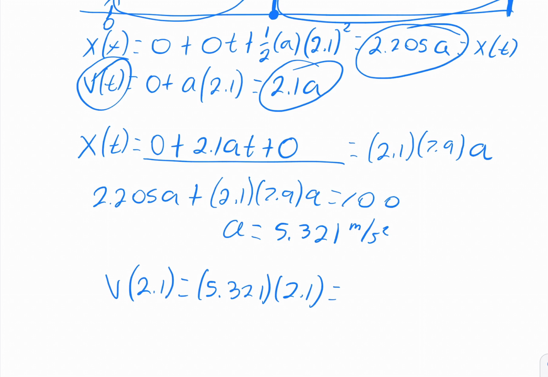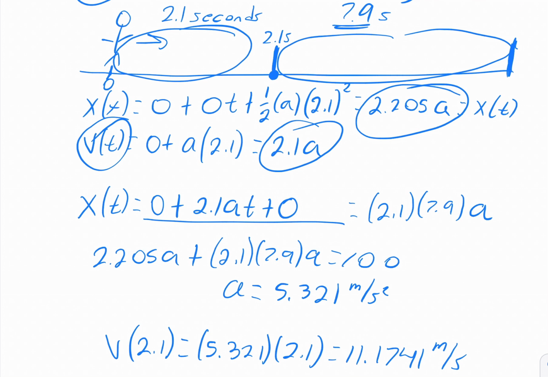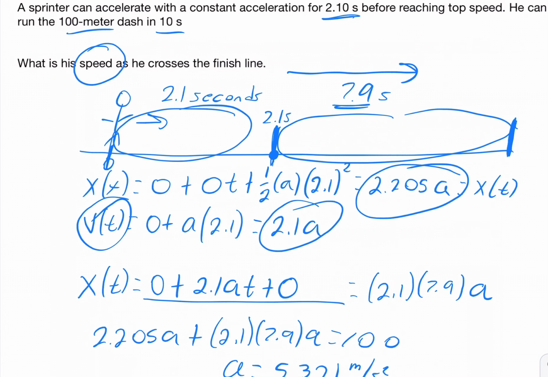And this is going to be 11.1741 meters per second. This is the velocity when he finishes the race. From here, if you want to go further, you can figure out the distance that he accelerates, and then you can figure out the distance that he finishes the race with the 7.9 seconds left if you want to.